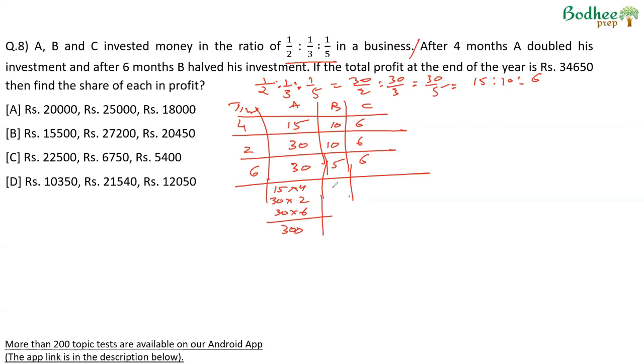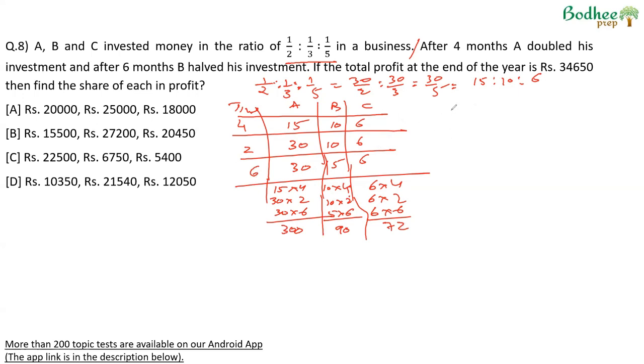For B, it will be 10 into 4, plus 10 into 2 plus 5 into 6. This will come out to 90. That is 40, 20, 30. For C, it will be 6 into 4 plus 6 into 2 plus 6 into 6, which will be 72, because it's 6 into 12.